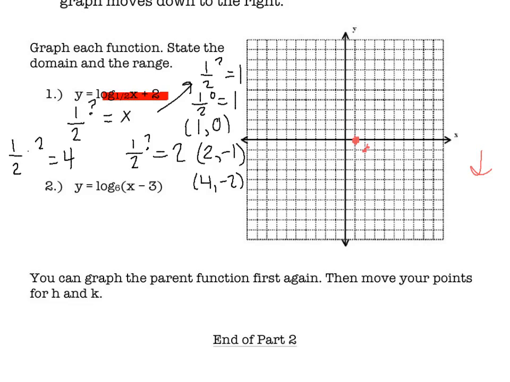So my graph is going to go this way, and it will curve up this way to my vertical asymptote of y is equal to 0. Or I'm sorry, x is equal to 0.